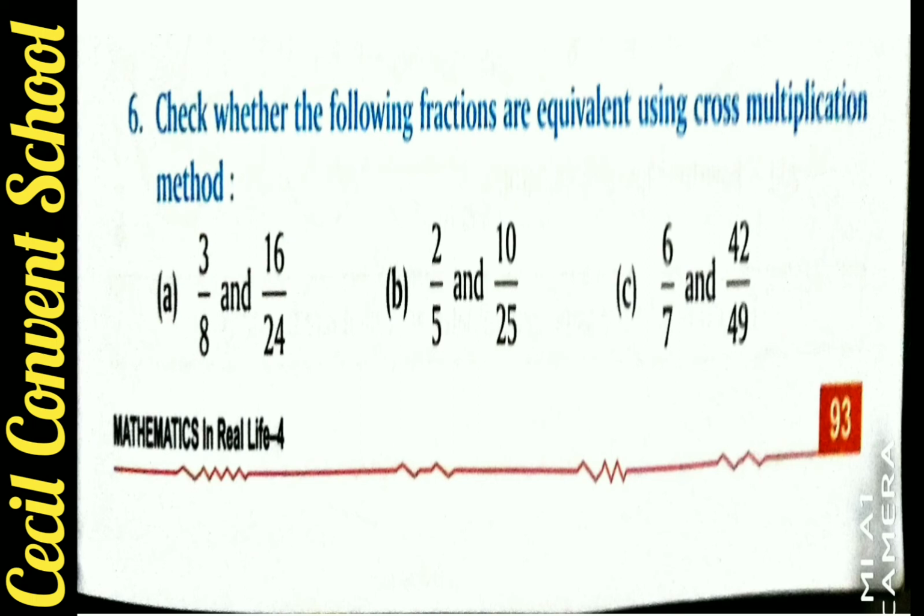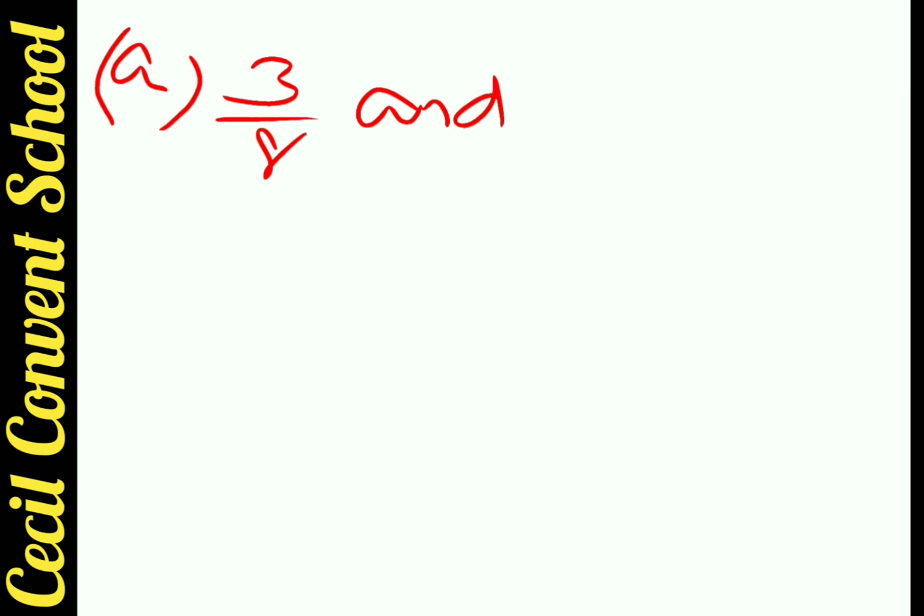Question number 6 is: check whether the following fractions are equivalent using the cross multiplication method. Cross multiplication method, see how we do. A part is 3 by 8 and 16 by 24. Clear?